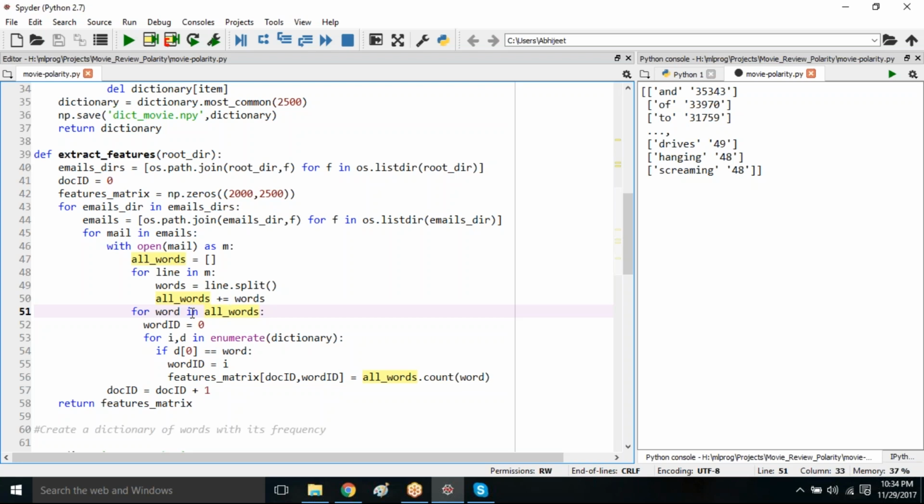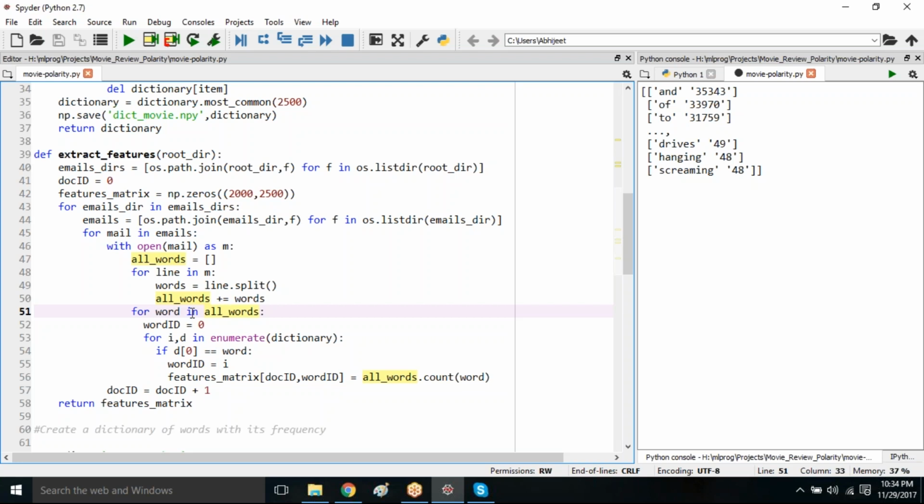Okay. I have taken one matrix. Instead of taking two different matrices, I just took one matrix where I am keeping all the positive as well as negative, like 1000 positive and 1000 negative.